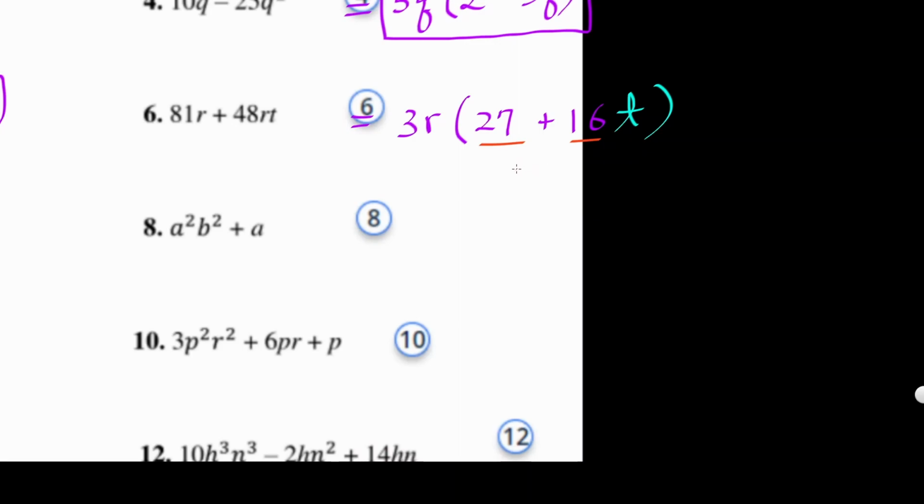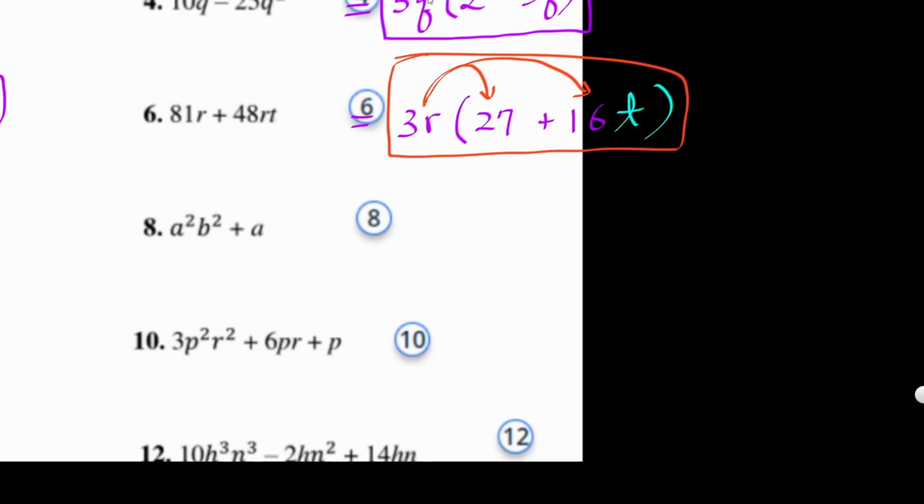Let me see. No, that's it. Okay, so check. 3R times 27 will get you 81R. And also 3R times 16T will get you positive 48RT. So that should be the answer here.